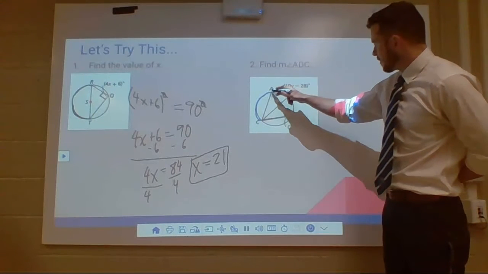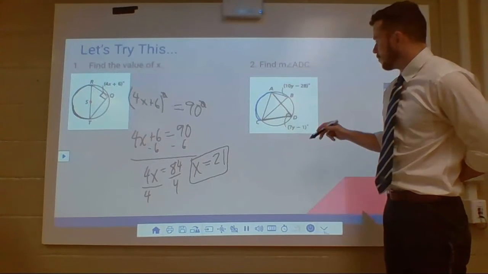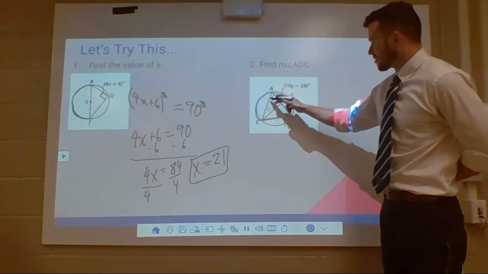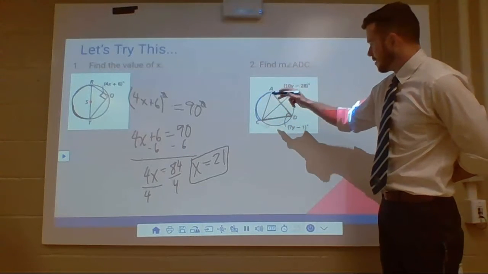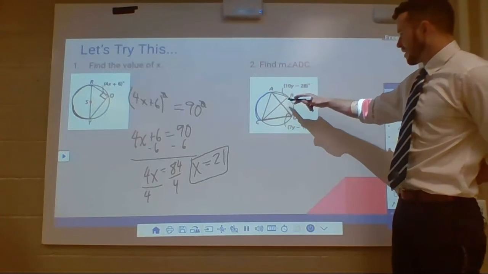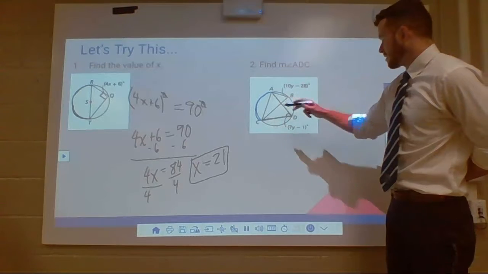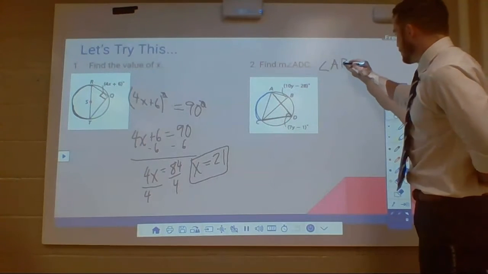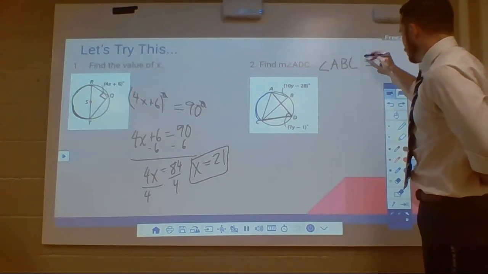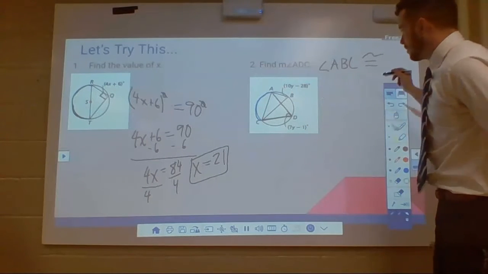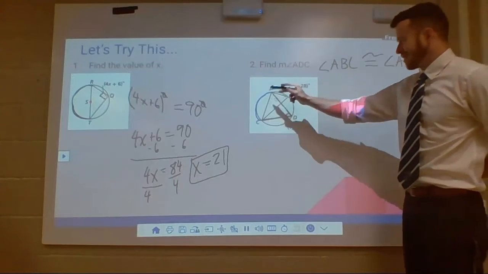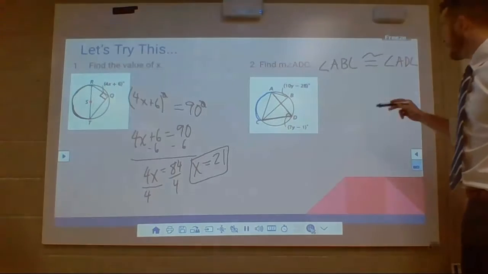We see that this other inscribed angle, ABC, also subtends arc AC. So what we know is that angle ABC, let me write it here, angle ABC is congruent to angle ADC because they subtend the same arc.